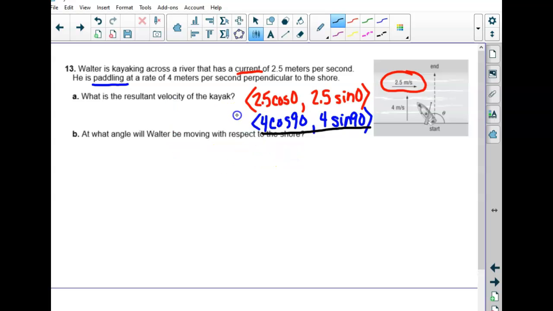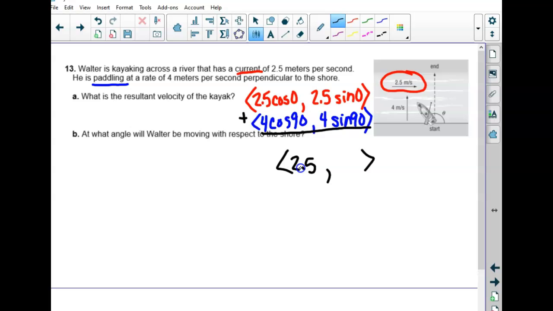So first we just add, and we get 2 components. Let's see, this time I'm just going to do it on this. 2.5 cosine of 0. If you're typing it, you need to close your parenthesis. 4 cosine of 90. I got 2.5, yes? Because the only force going to the right is the 2.5.